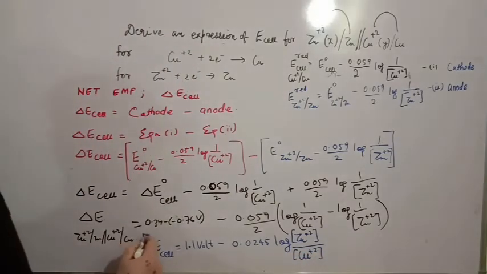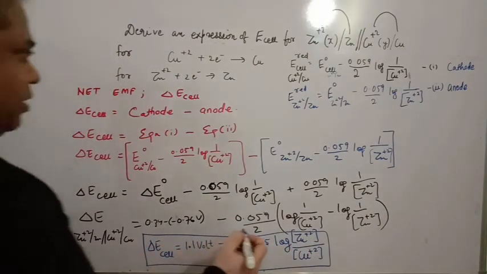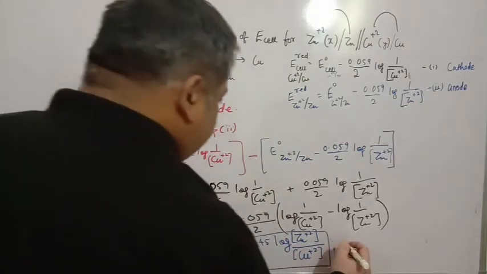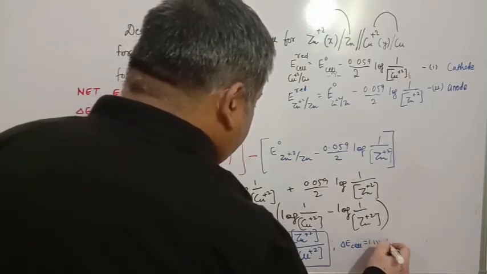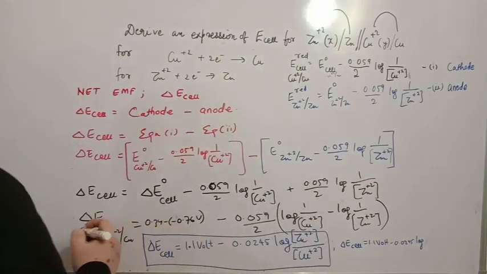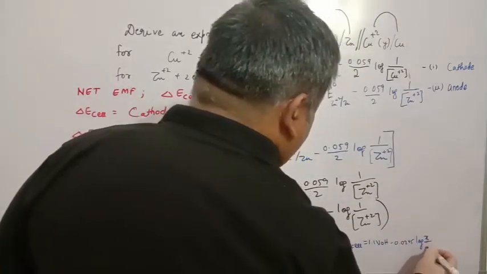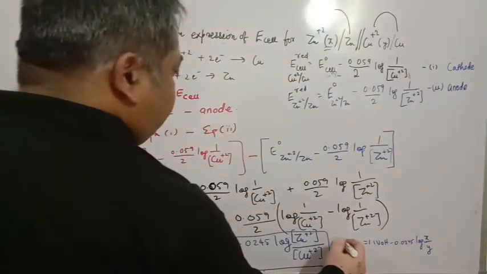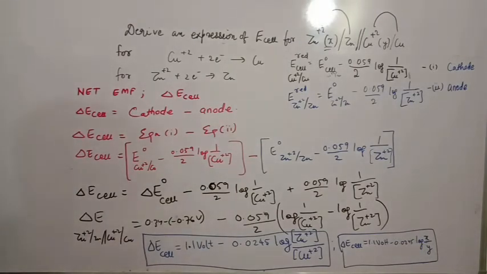So in this way the value can be found out. Further, it can also be done like this: delta E cell will be equal to 1.1 volt minus 0.0245 log, where the value of Zn2+ was x and that of Cu2+ was y. So in this way the Nernst equation is used to find out the net EMF of the cell in which the concentration is not always 1 mole per liter.